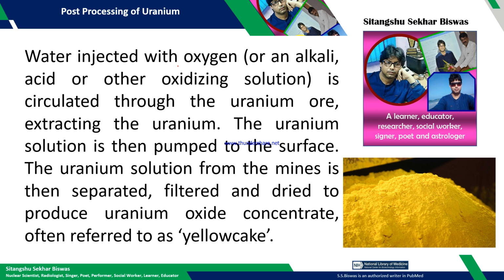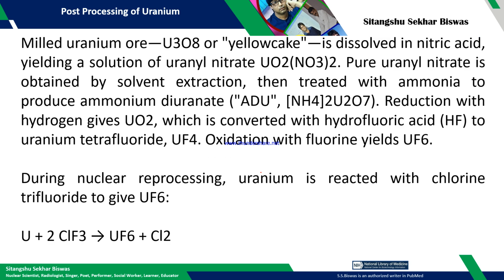So this is once again described in more detail using the chemical equations. First, water or some alkaline or other oxidizing solution is applied while the uranium is in the mine itself, and it is converted to uranium oxide, which is called yellow cake.